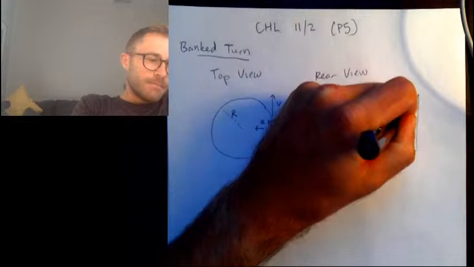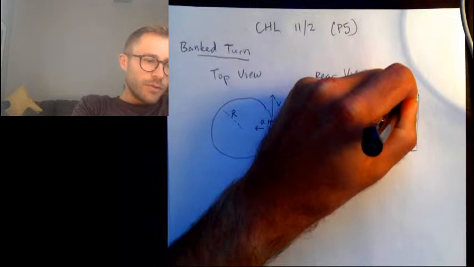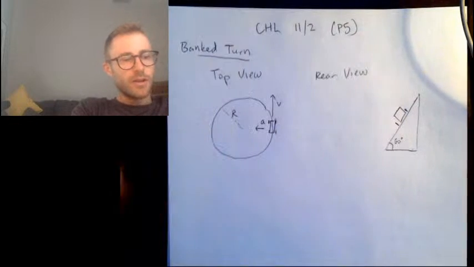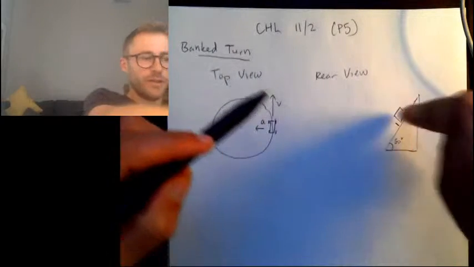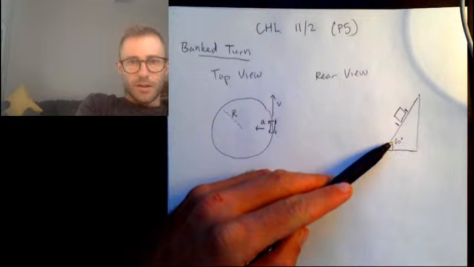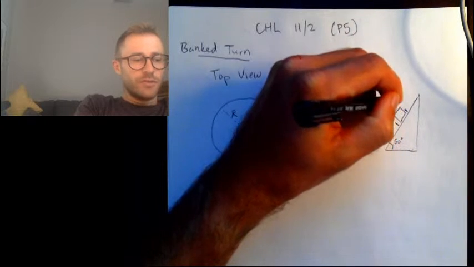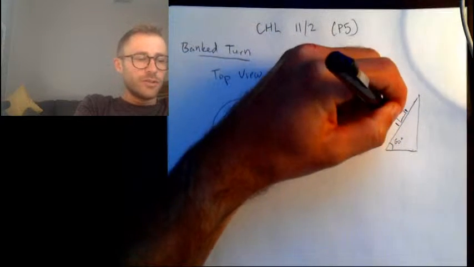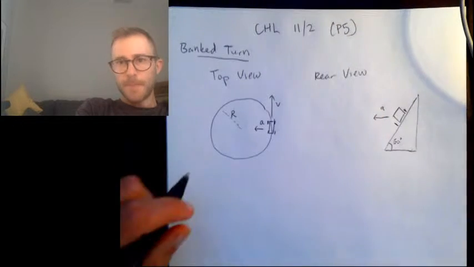Here's the car, sort of a rear view of the car. The car is traveling into the page because this is a rear view of it. So the velocity is into the page. The acceleration is towards the center of the circle, which is right in that direction.